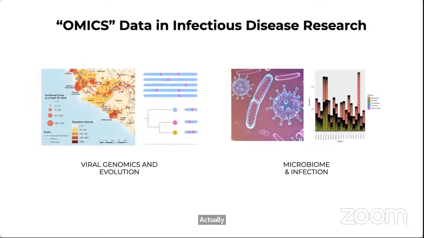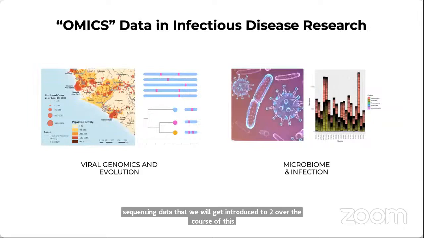The role of bioinformatics in the context of diseases is to allow researchers to access, process, analyze, and also visualize several of these kinds of high-throughput sequencing data that we will be introduced to over the course of this program.